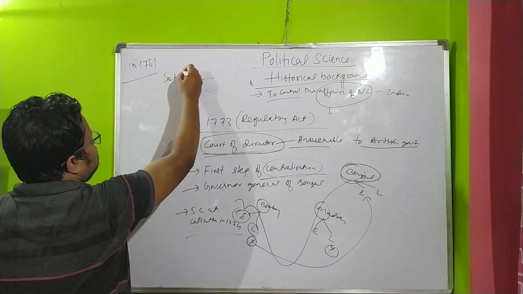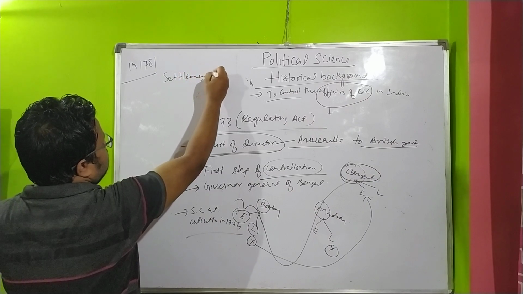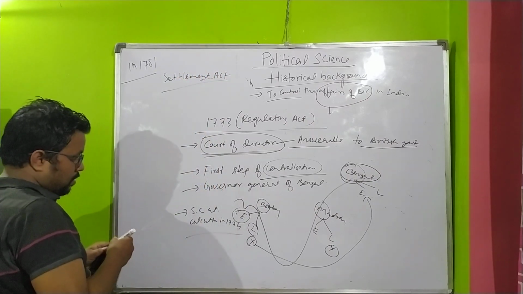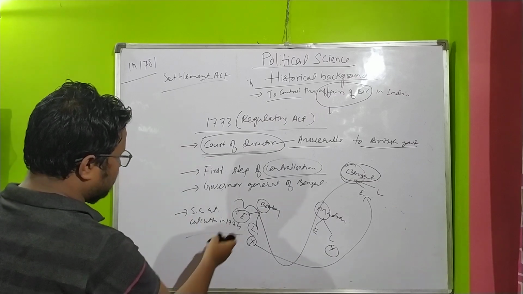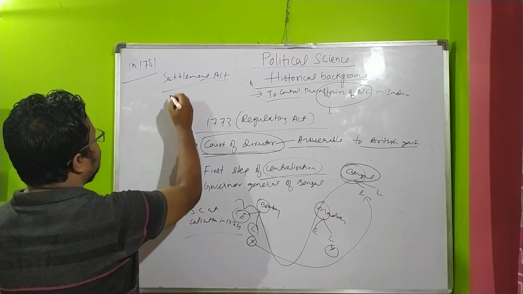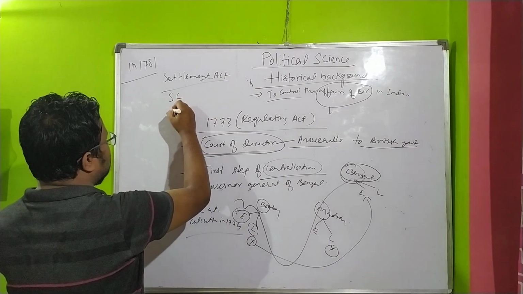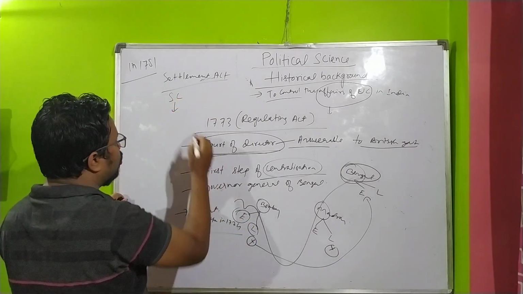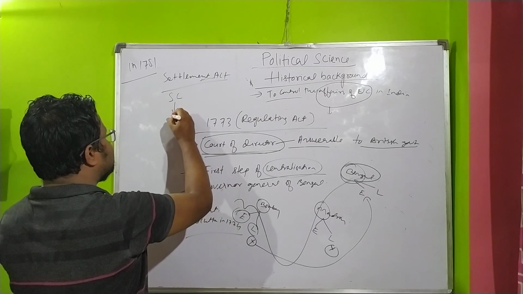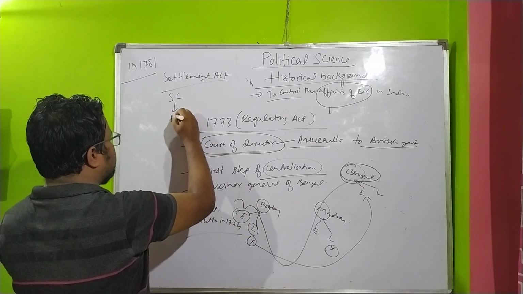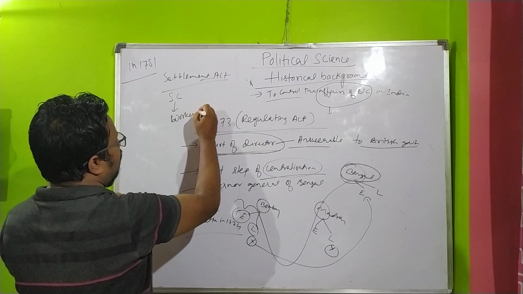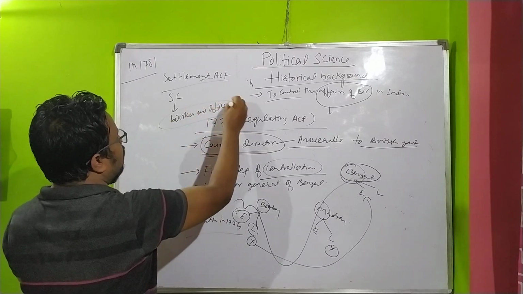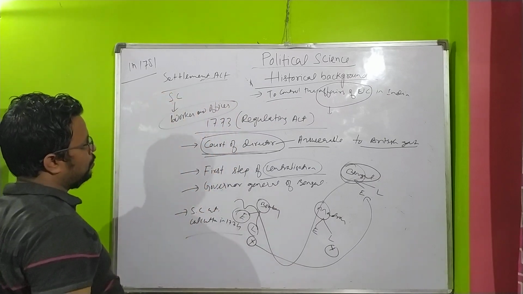Since the Supreme Court had been established, the workers and officers of the East India Company were under the control of the Supreme Court.